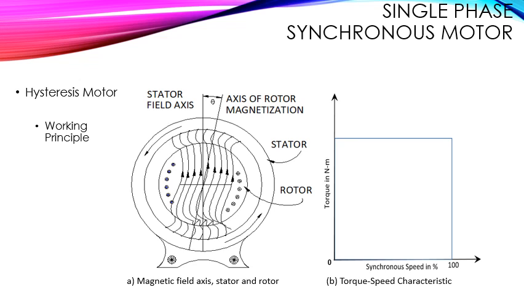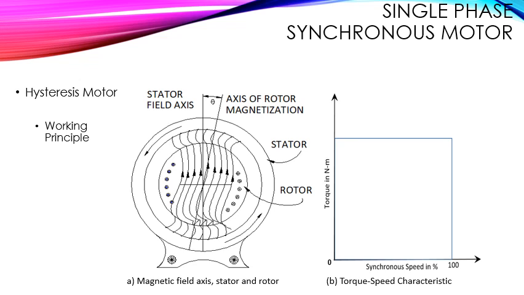At synchronous speed the motor operates only due to hysteresis torque. At this speed the rotor develops magnetic poles similar to a DC excited synchronous motor or the reluctance motor and adjusts its torque angle so as to develop the torque required by the load. That's why it is known as the hysteresis motor.